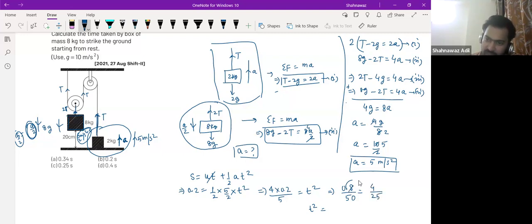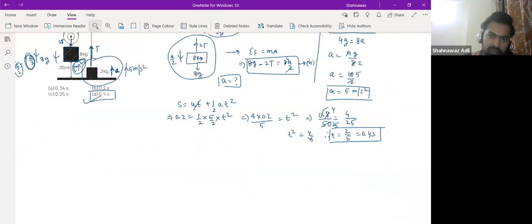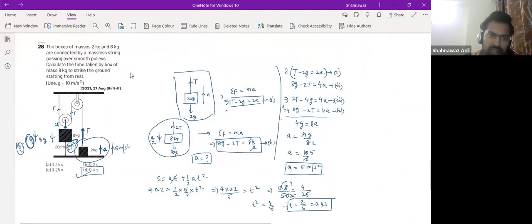So t square is 4 by 25, so t would be 2 by 5, which is 0.4. So this is the time. Is it clear, everyone? Yes, sir. Yeah, then quickly note it down and then we'll do the next question.